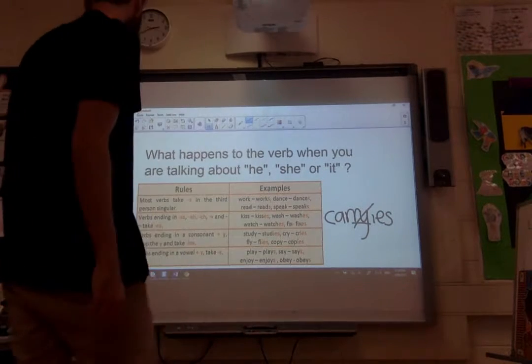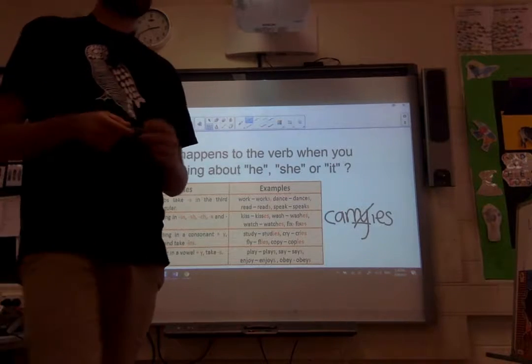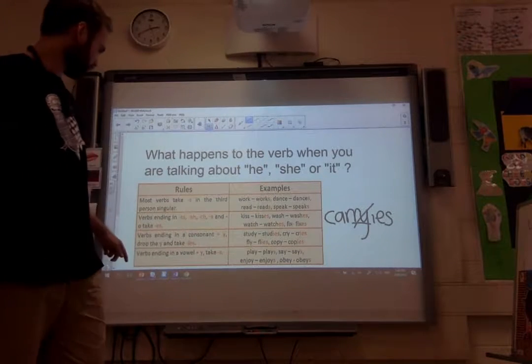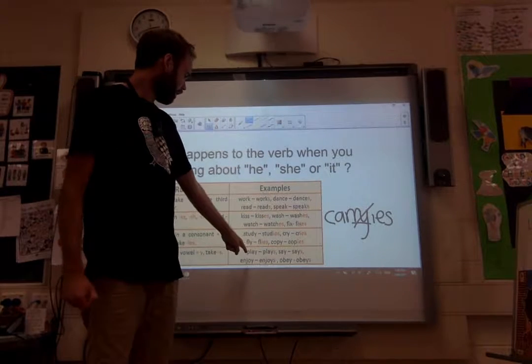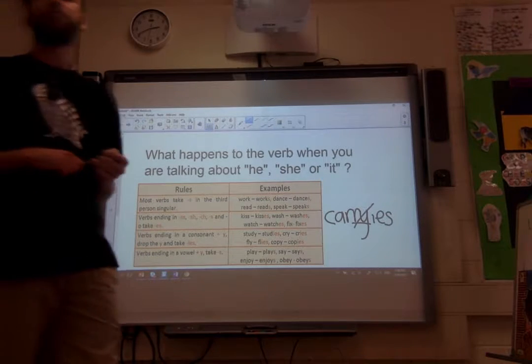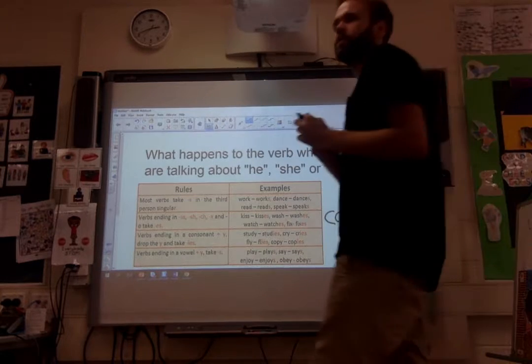So next, looking at our last rule, verbs ending in a vowel and a Y. Remember our vowels are A, E, I, O, U. We just add S. So can anyone think of an example of a verb that they might know?